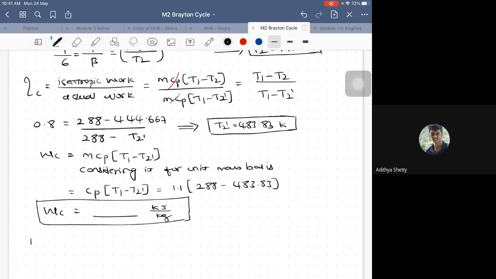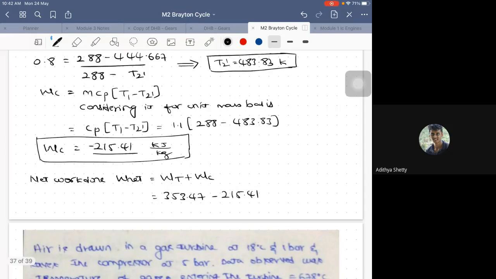After that, calculate net work done, which is W net, WT plus WC. WT value was 353.47 minus 215.41.